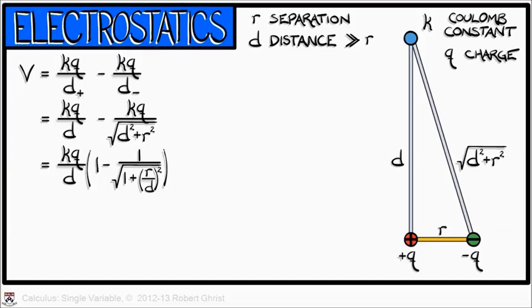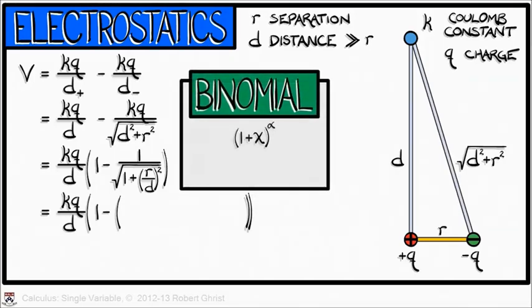Well, at this point, we can try to expand that out using the binomial series. Recall, the binomial series is for something of the form 1 plus x to the alpha. In this case, alpha is negative 1/2. We're looking at 1 over the square root of something. And x is r over d quantity squared.